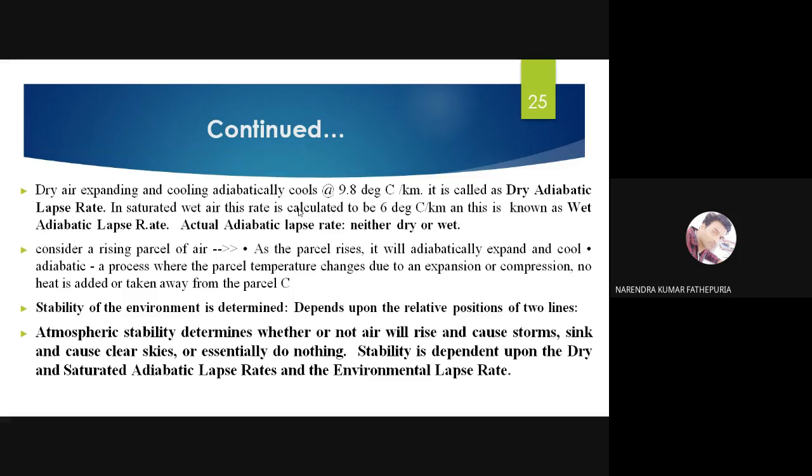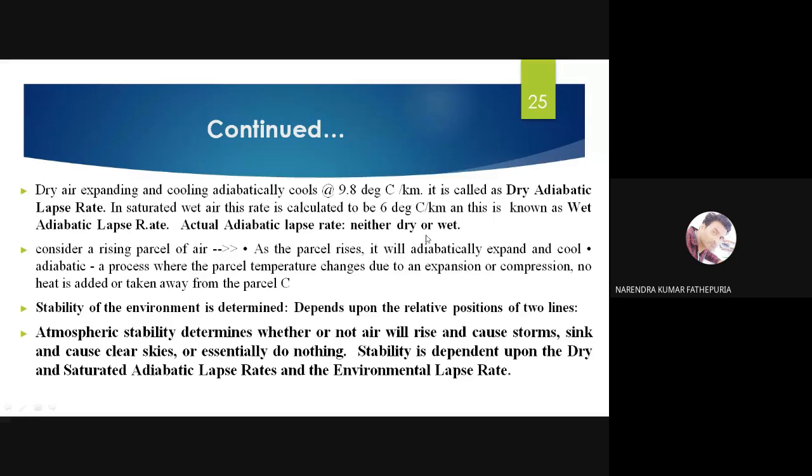So it is called the dry adiabatic lapse rate. And for saturated wet air, this rate is calculated to be 6 degrees Celsius per kilometer. And this is known as the wet adiabatic lapse rate. So these are the two adiabatic rates here, the dry adiabatic lapse rate as well as the wet adiabatic lapse rate.